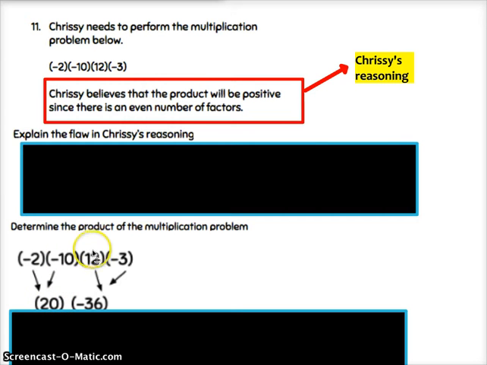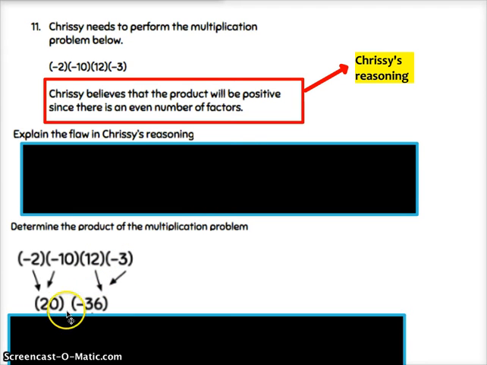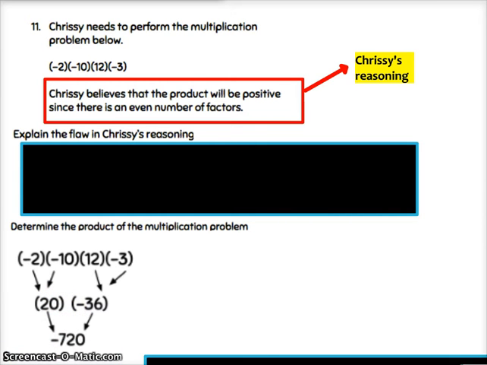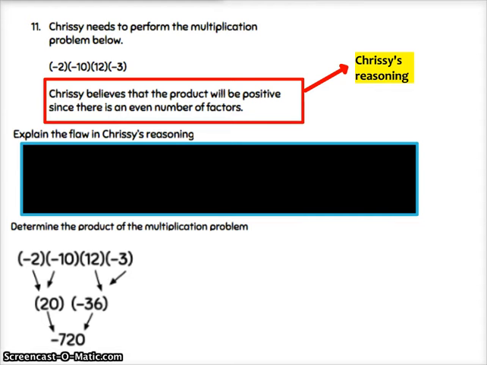And then I multiplied the second 2 numbers. 12 times negative 3 is negative 36, since a negative times a positive is a negative. And then finally, I still have these 2 numbers to multiply, and 20 times negative 36 equals negative 720. All right, so there's the answer to the multiplication question.